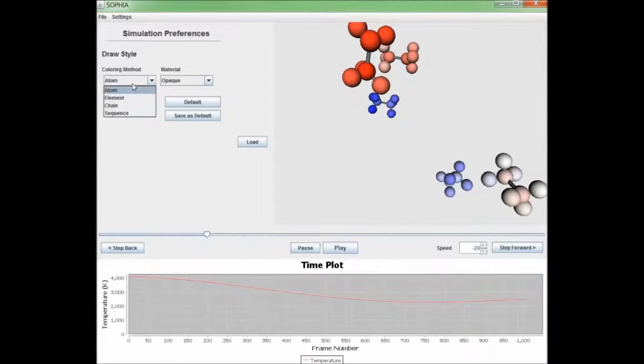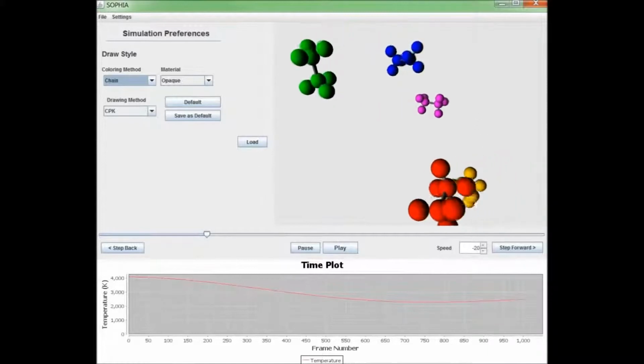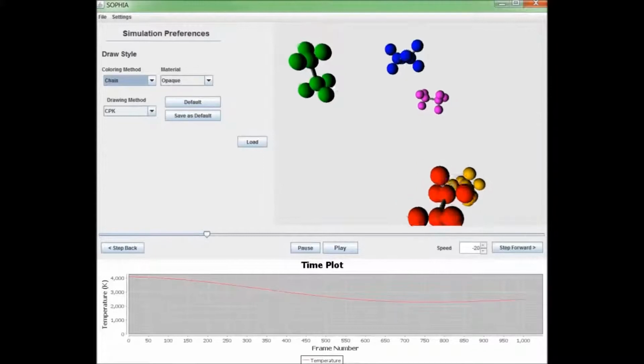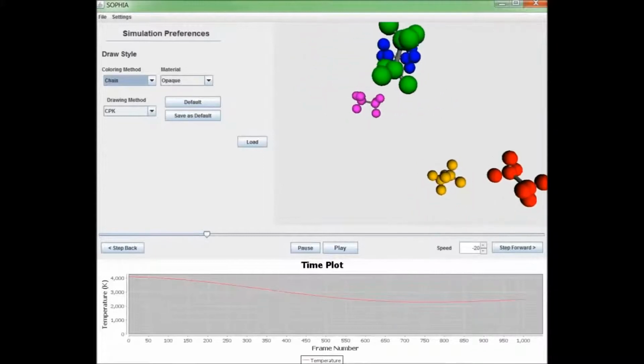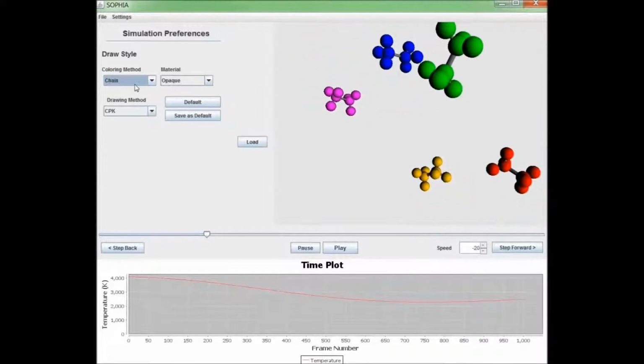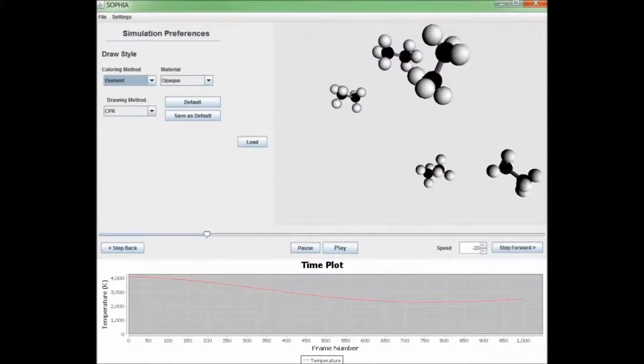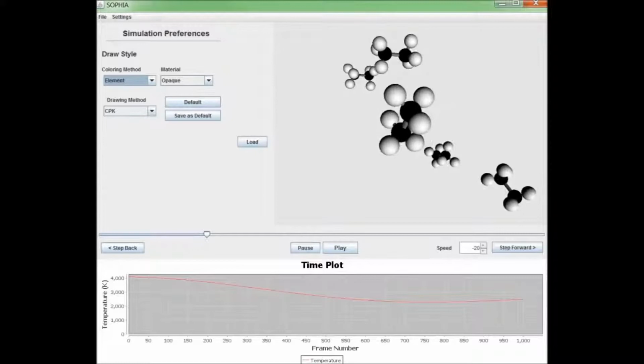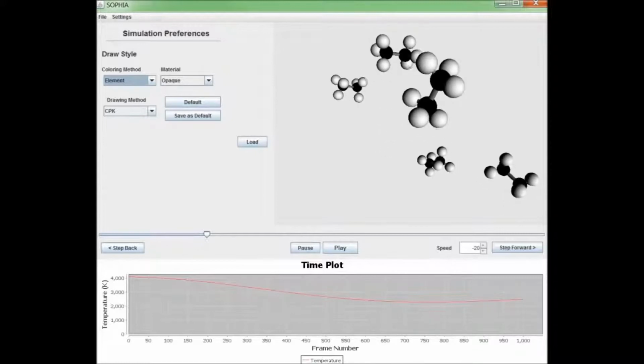We also have the ability to change the way in which the atoms are displayed to make it easier for the users. For larger systems, we can show each one differentiated by chain, and that is each set that's connected together represented by a different color, by the type of element. And this is the base coloring method that's used for most scientific representations.